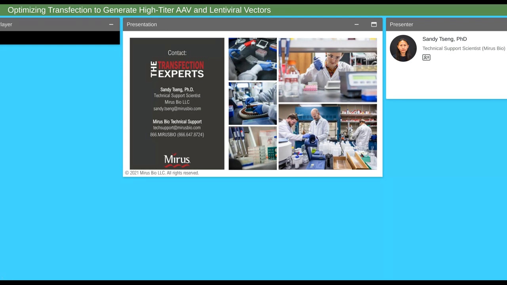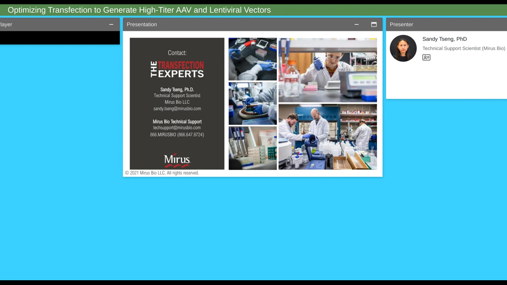Yeah, so I didn't think I talked about that, but that is definitely something that can be optimized as well. So to repeat, that's complex formation volume. That's essentially the volume of the solution that you use to form your complexes, where you add your DNA and the reagent to. And in our protocols, it's generally around 10% of the total culture volume.